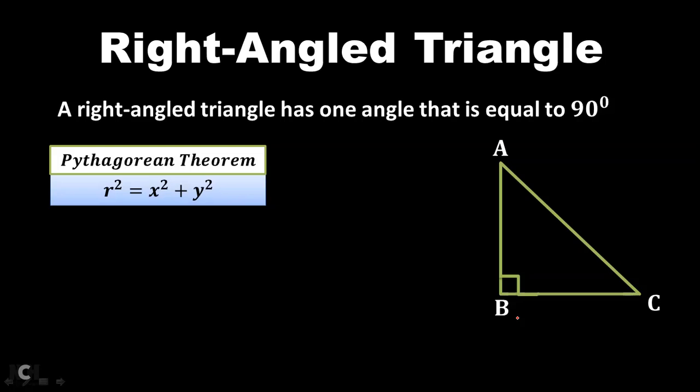So in this case, you want to know the r side, which is the hypotenuse, the longest side on the right angle triangle, which is AC this time. So we will denote all this by AC squared, which is equal to AB squared plus BC squared. So what is the reason for this statement? It will be theorem of Pythagoras.